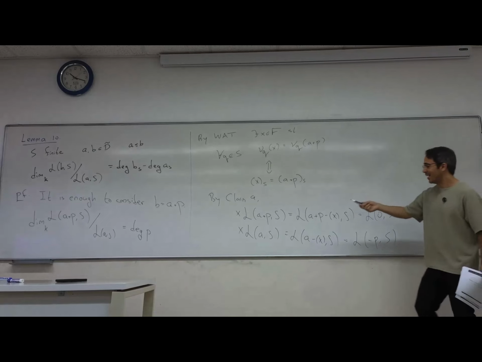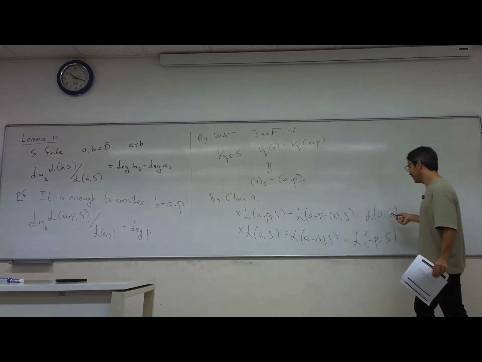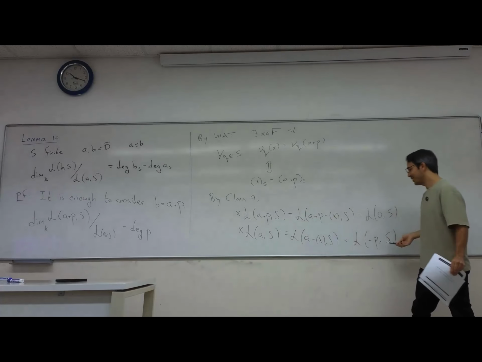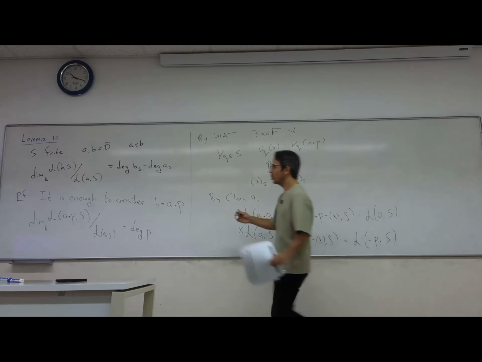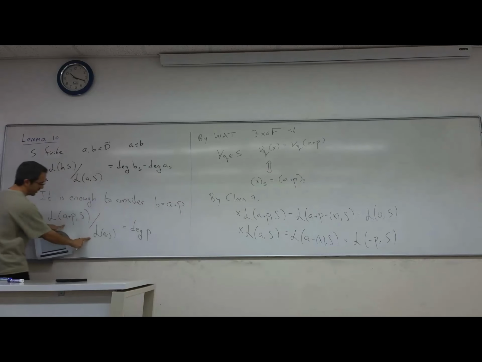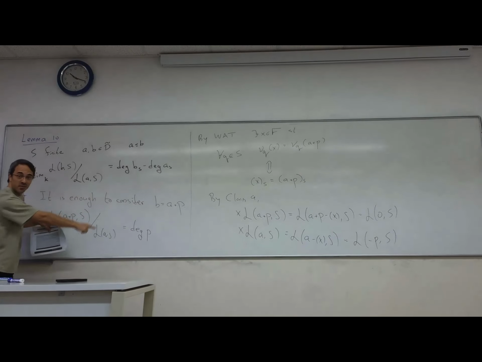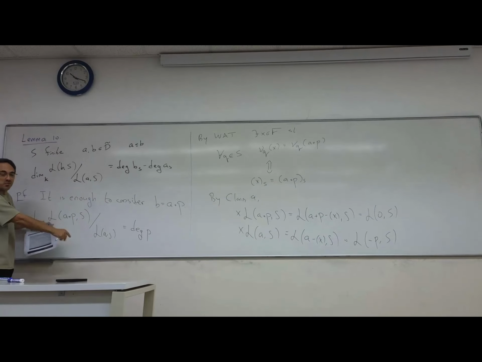Good, and as you said, they are isomorphic. So this is isomorphic to that, and this is isomorphic to that. So if I care about dimensions of the quotients, I can replace both of them by these two, because they are isomorphic, so the ratio of dimensions will stay the same.